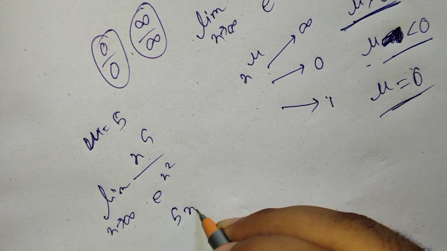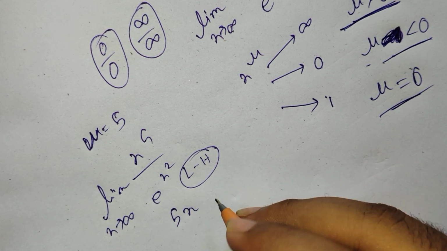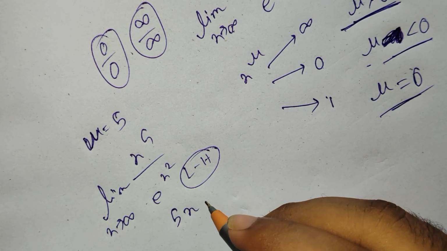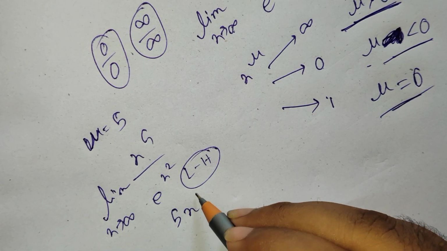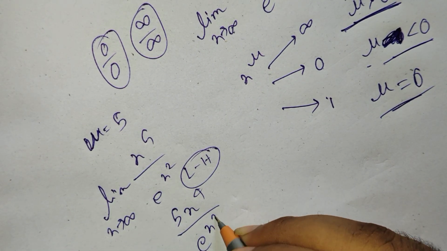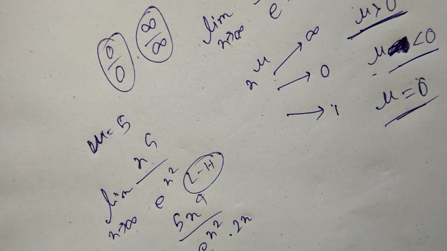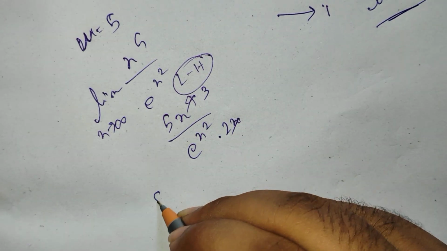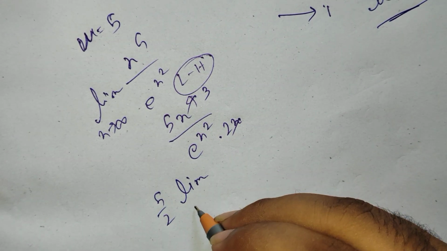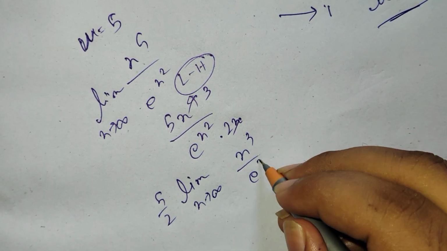Now I'm using the LH rule. This is 5 by 2, limit x tending to infinity, x cube by e to the power x square.